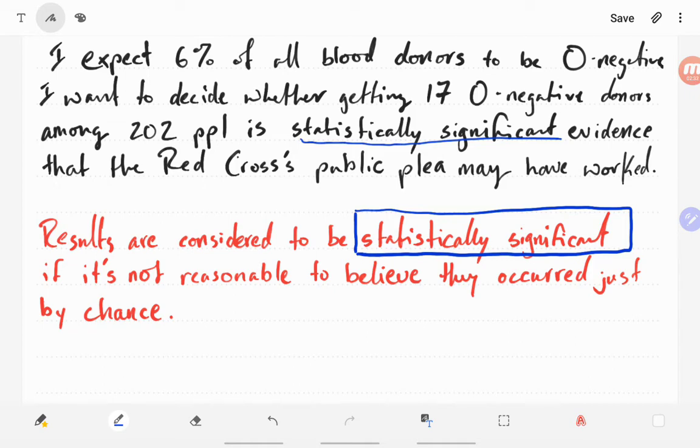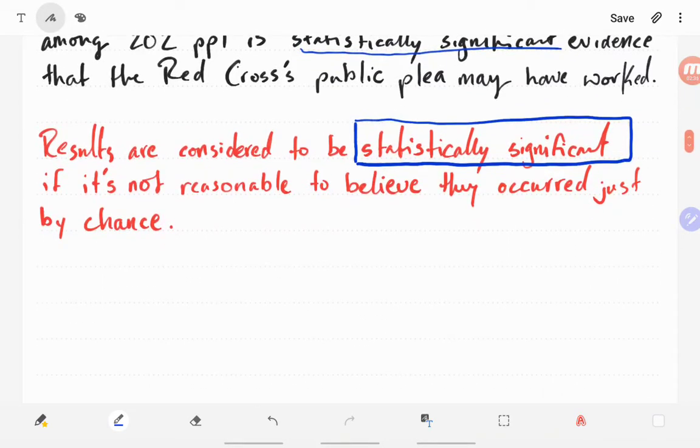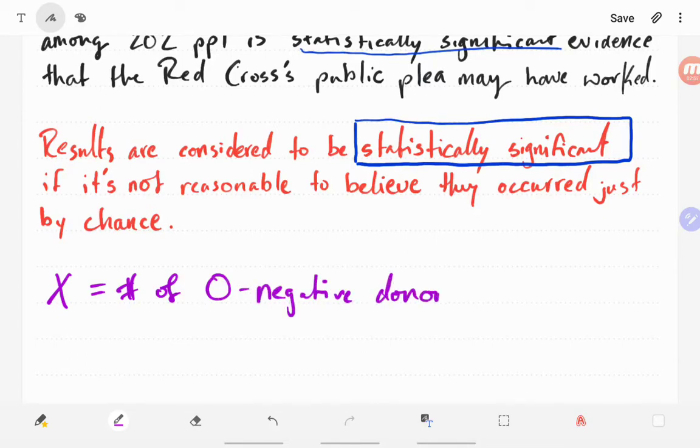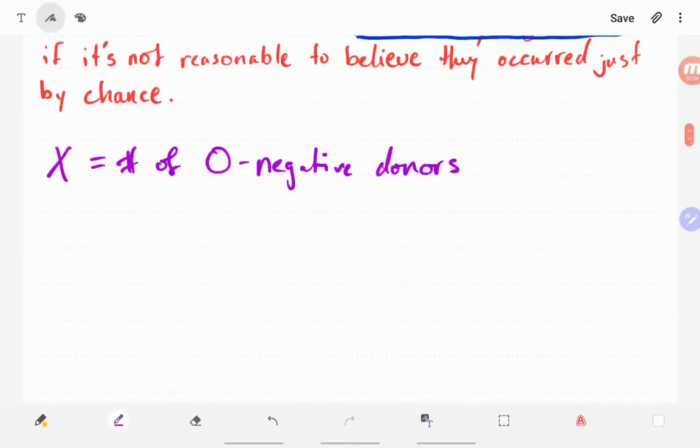Okay, so we've stated our question, and now what we need to do is define our random variable X. We're going to let X, our random variable, equal the number of O negative donors. Now we need to check our conditions.